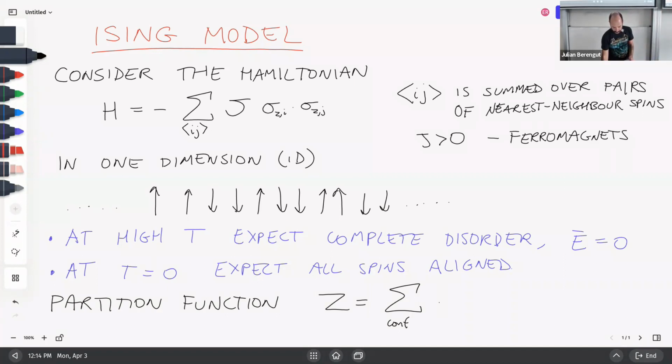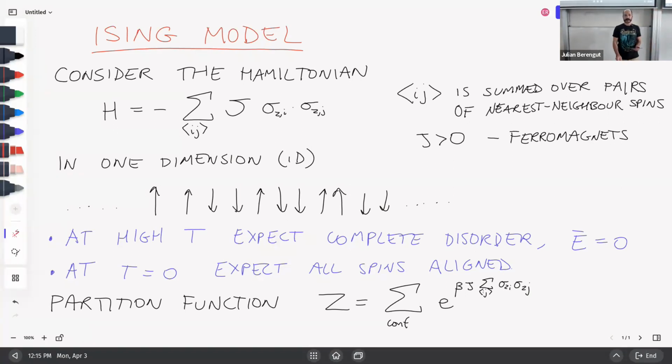The energy, e to the power of beta, and the energy is J times the sum over all of the pairs ij, sigma z i, sigma z j. So we've got a sum in the sum. And it's pretty clear that this looks very difficult.